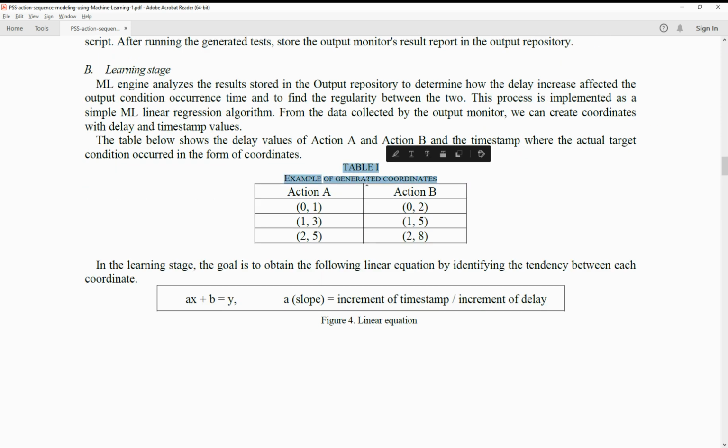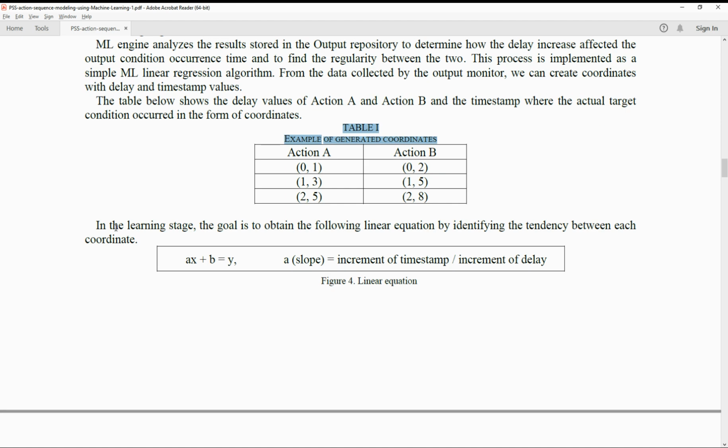Table 1, example of generated coordinate A and B. In the learning stage, the goal is to obtain the following linear equation by identifying the tendency between each coordinate.